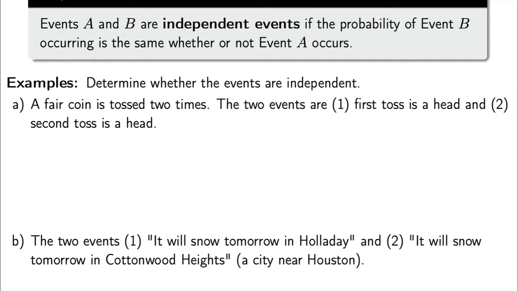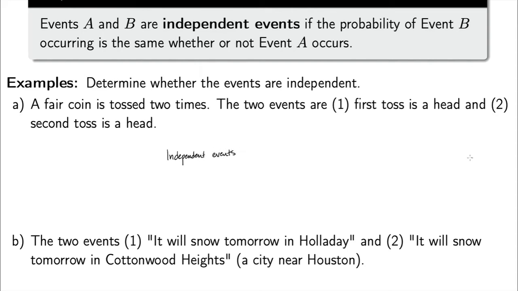If I know that the first toss was a head, is that going to change what I think the probability of the second being a head is? Another way of thinking about it is, is the first flip being a head going to influence the second toss? No, it's not going to influence. It doesn't really matter what the first toss is. The second is completely independent. So these are independent events.